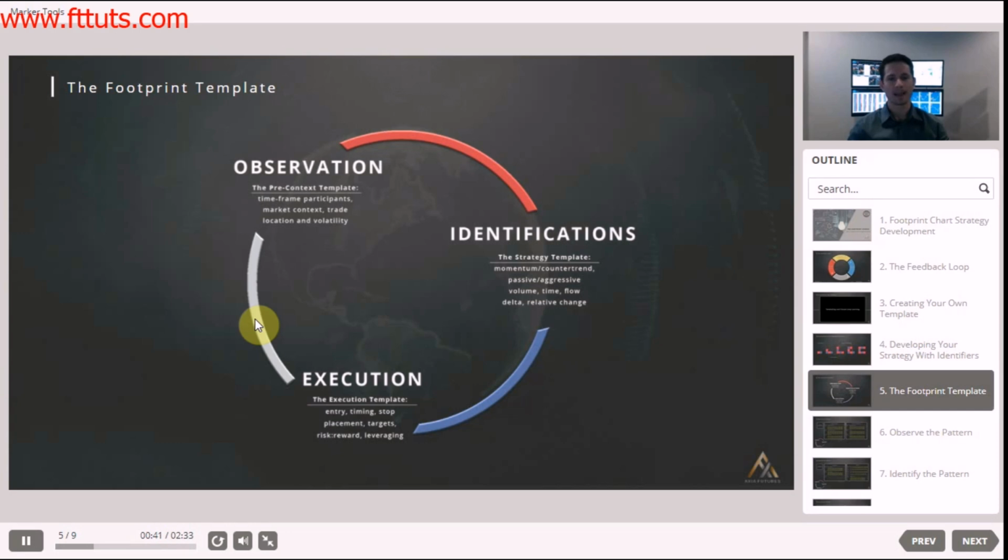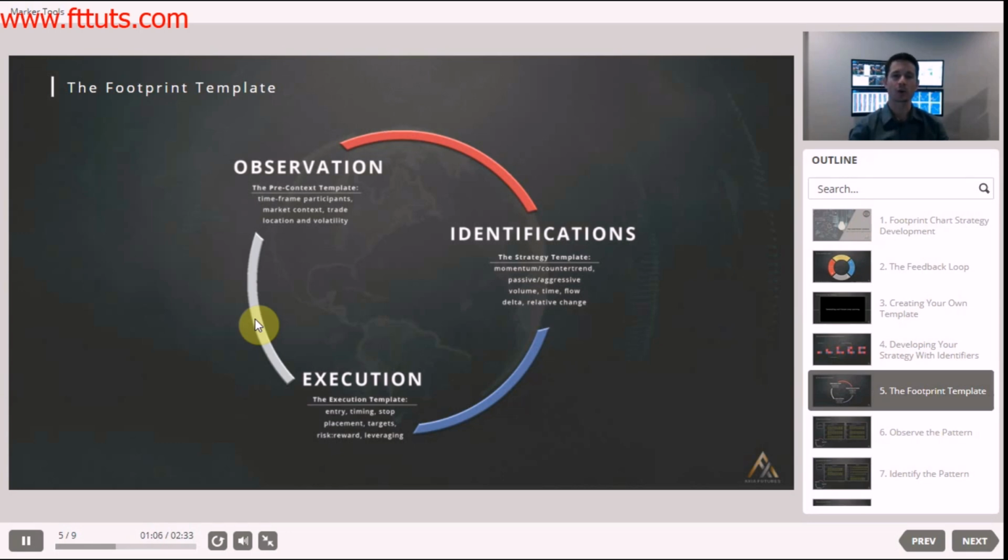Now, let's view each one of these sections on its own and have a look at some of the identifiers within each section. So under the observation, we have 2 sub-indexes. The first is obviously pre-context and pre-condition. So this is the state that you want to find the market in. It's the market conditioning, or the trade location, or the market context.